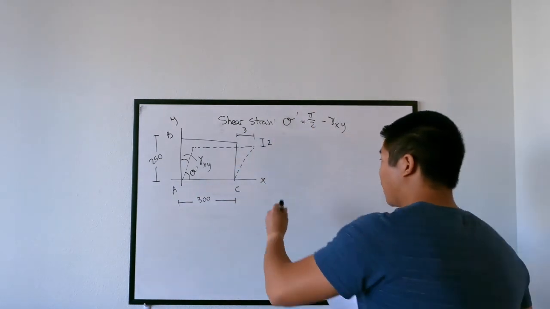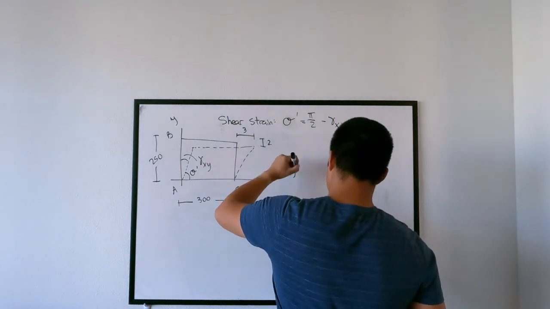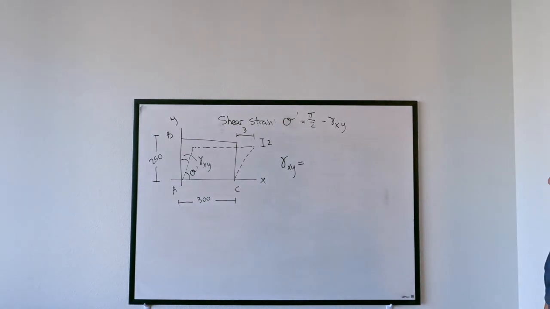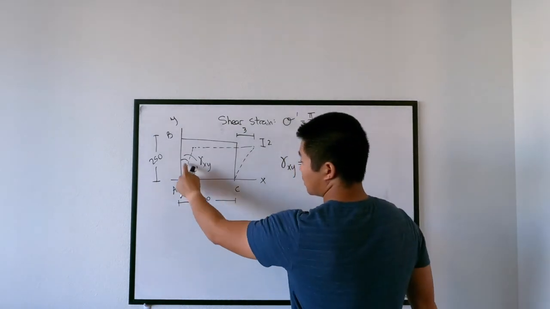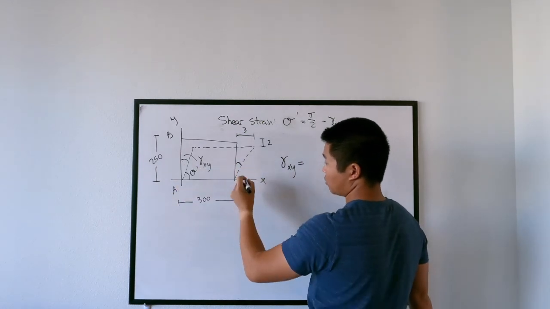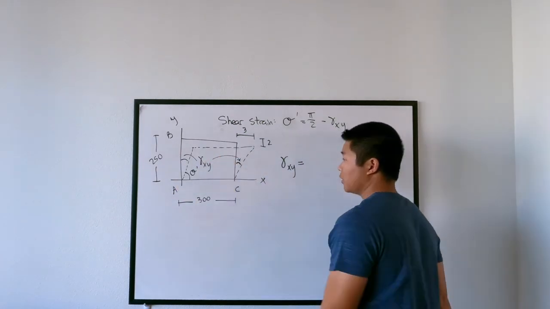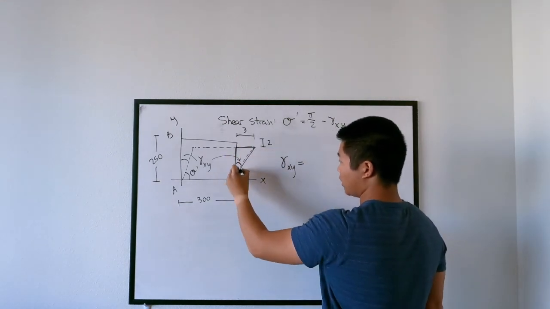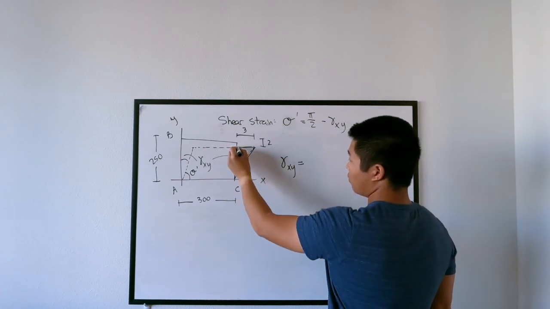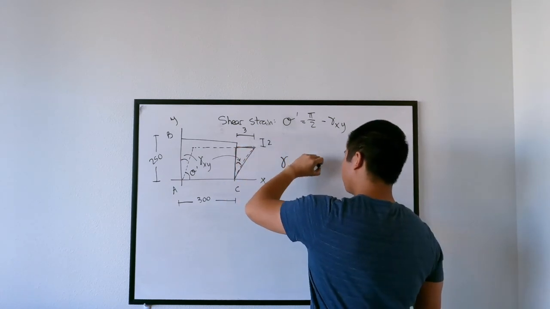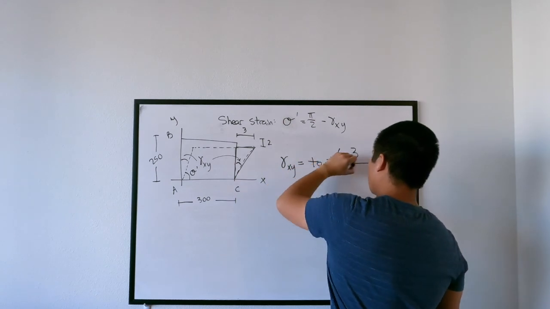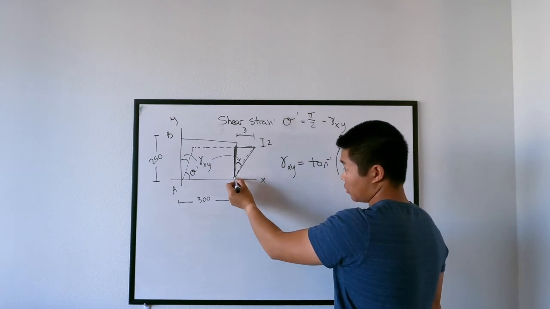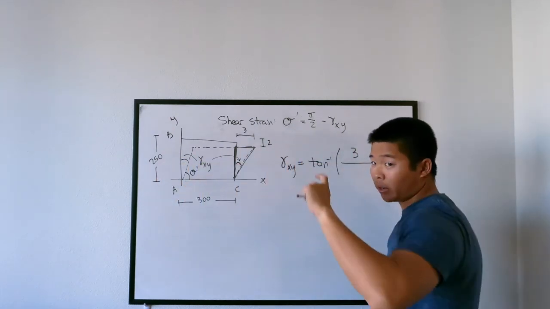Now, we can say that gamma xy is equal to, okay, so how do we figure that out? Well, this is the same angle as this, okay? Would you guys agree? So these are both gamma xy, all right? So I know a little bit about this triangle right here. I know that the opposite side is going to be 3, so arctan of 3 divided by this distance right here, which I know the total distance is 250, and I know that it got shortened by 2.